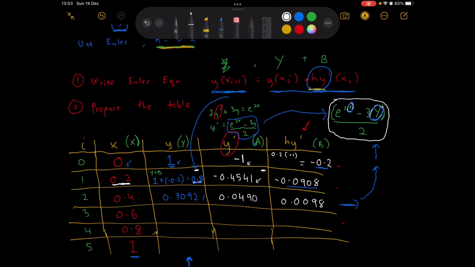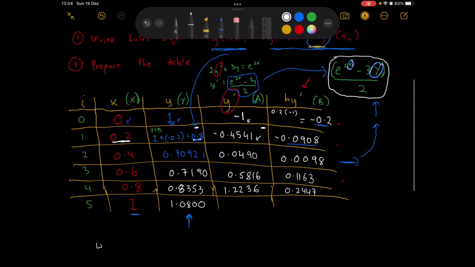Fast forward, after I put all the values in my calculator, these are the values that I get: 0.7190, 0.5816, 0.1163, 0.8353, 1.2236, 0.2447, 1.0800. So when x equals 1, our y value is 1.0800.